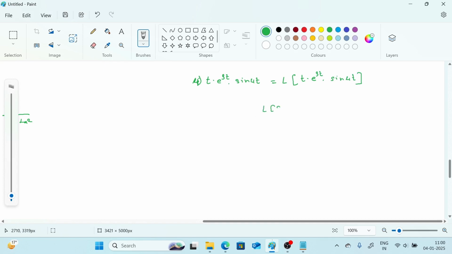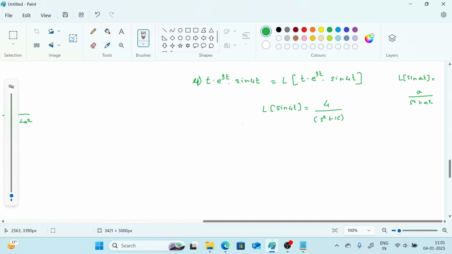Laplace of sine 4t. We have the standard formula: Laplace of sine at is a upon s square plus a square. So here I will get 4 upon s square plus 16.